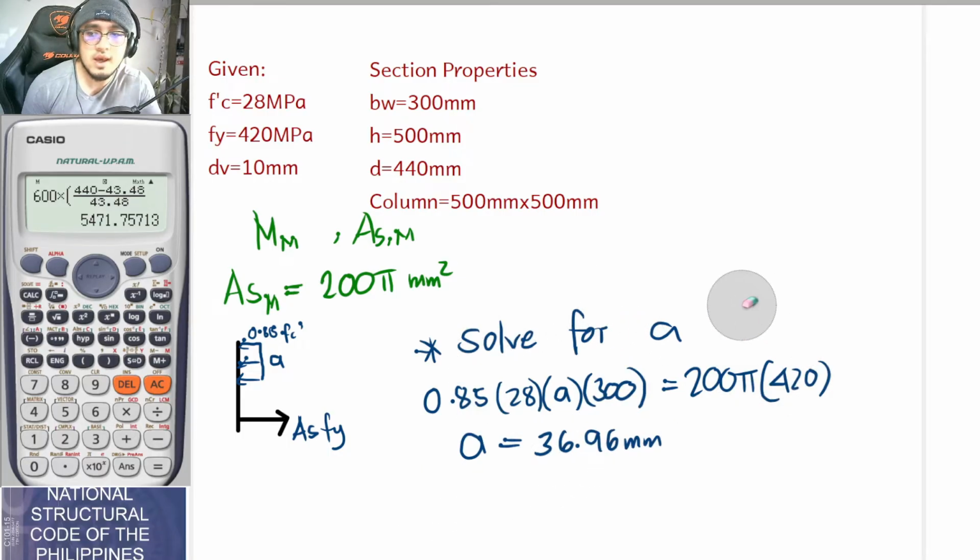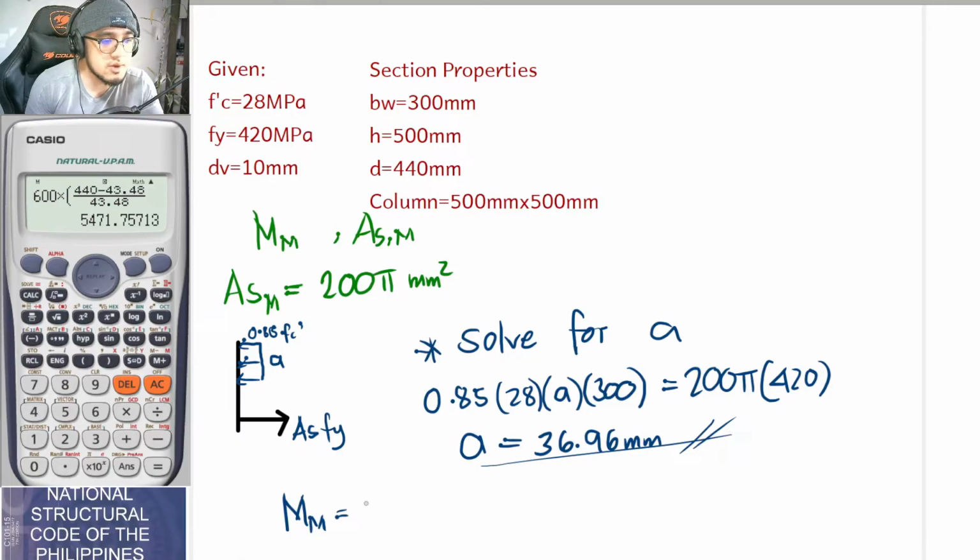Okay, so with this, guys, since we already have the value for our a, we can now solve for the moment capacity of bars M. With that, I will just be using this equation: AsFy times d minus a over 2.